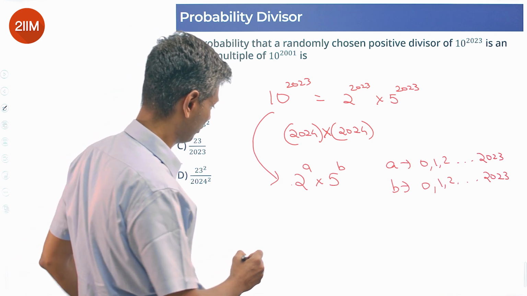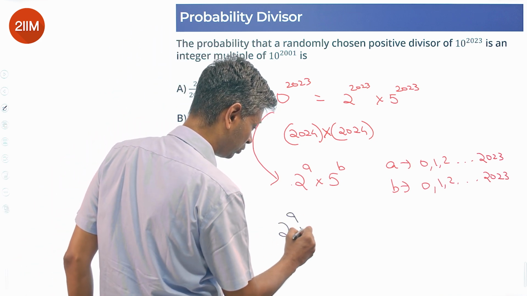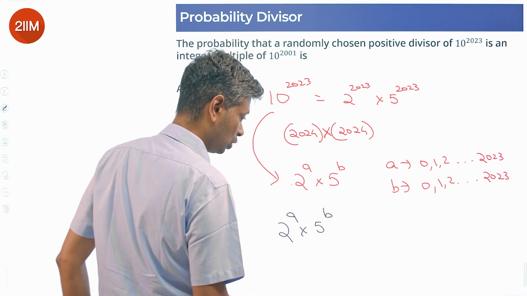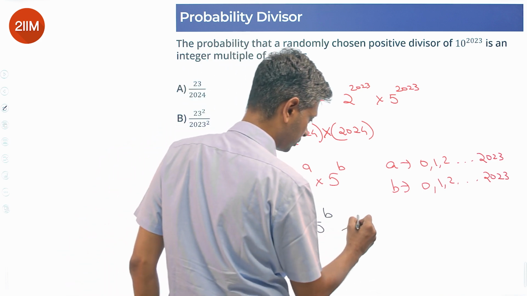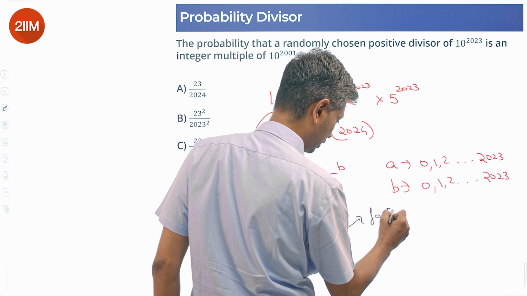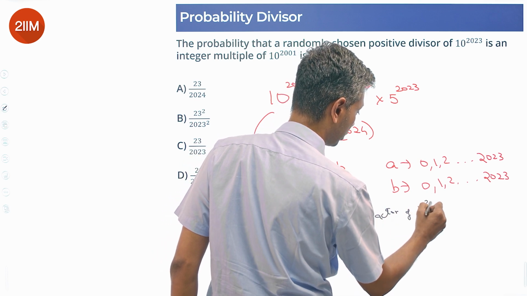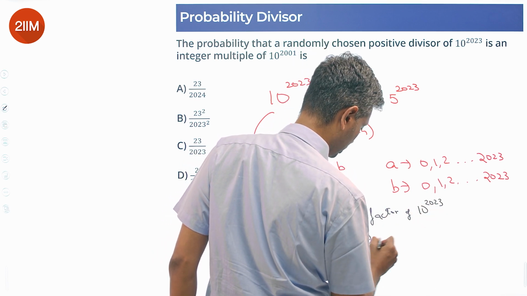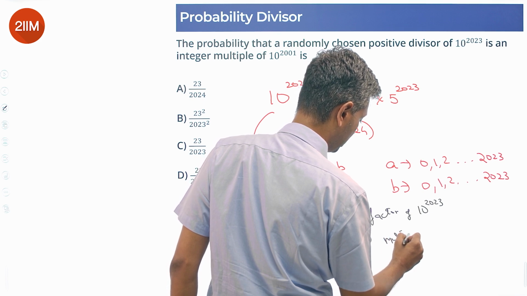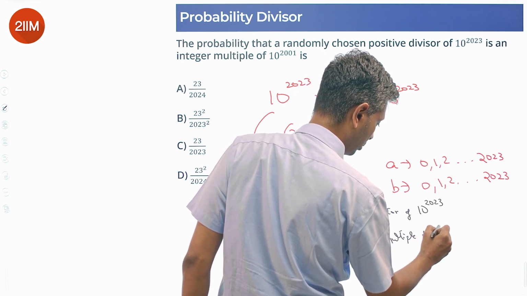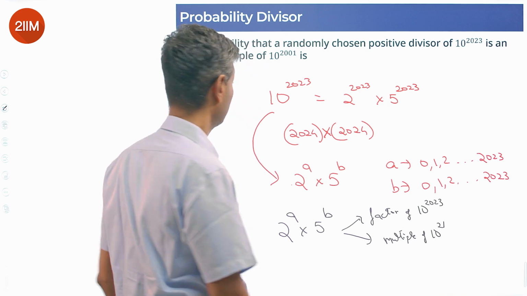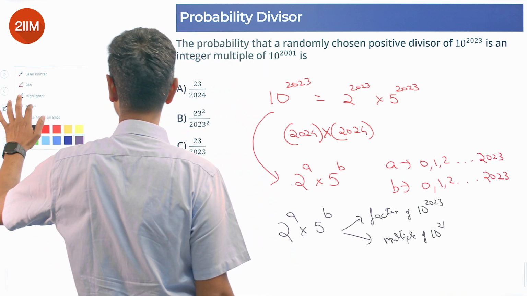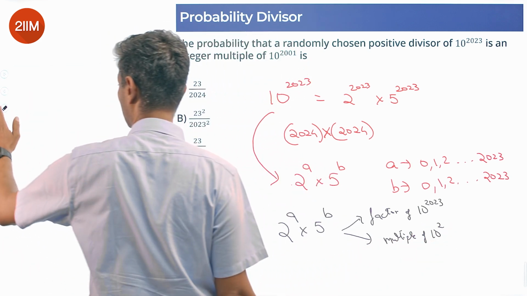So 2 power a into 5 power b should satisfy two conditions. Factor of 10 power 2023 and multiple of 10 power 2021. Sorry about that.